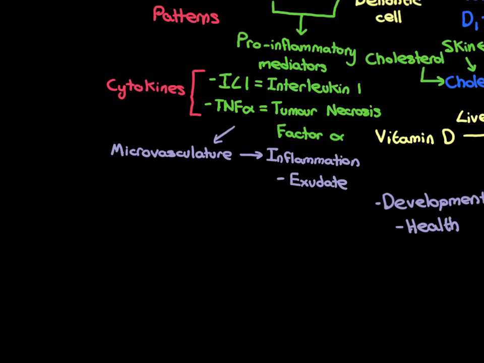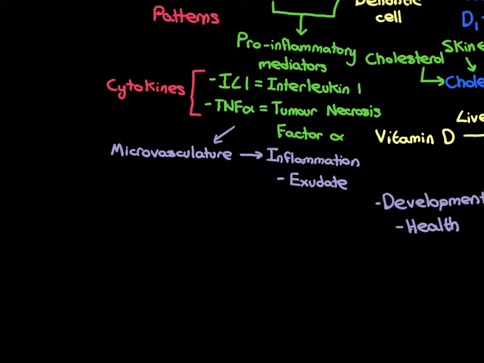So we want these proteins to come into the site where the pathogen is actually present, and when they come in, they are going to bring water with them, fluid from the bloodstream, and that mixture of fluid full of proteins is going to accumulate at the site, and this is one of the reasons that inflamed areas swell.